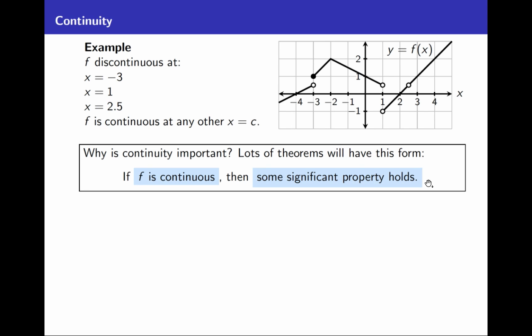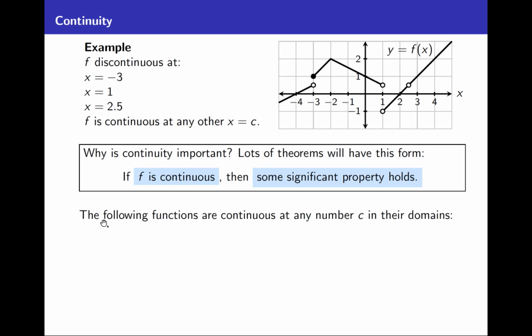So continuity is a property that a function can have that means you can do certain important things with that function. Now I'm being a little bit vague here. We'll flesh this out more later. But suffice to say, a function being continuous means that you can do calculus with it in some sense. So more on that later.